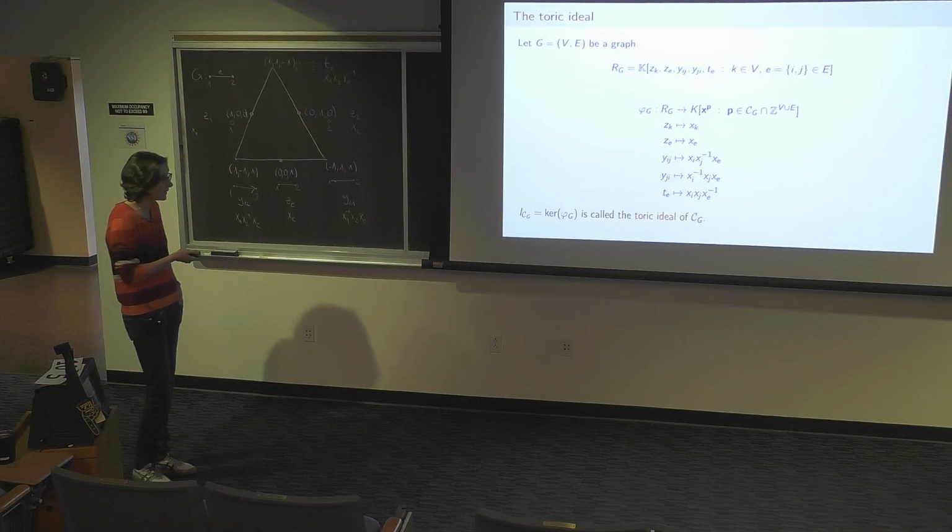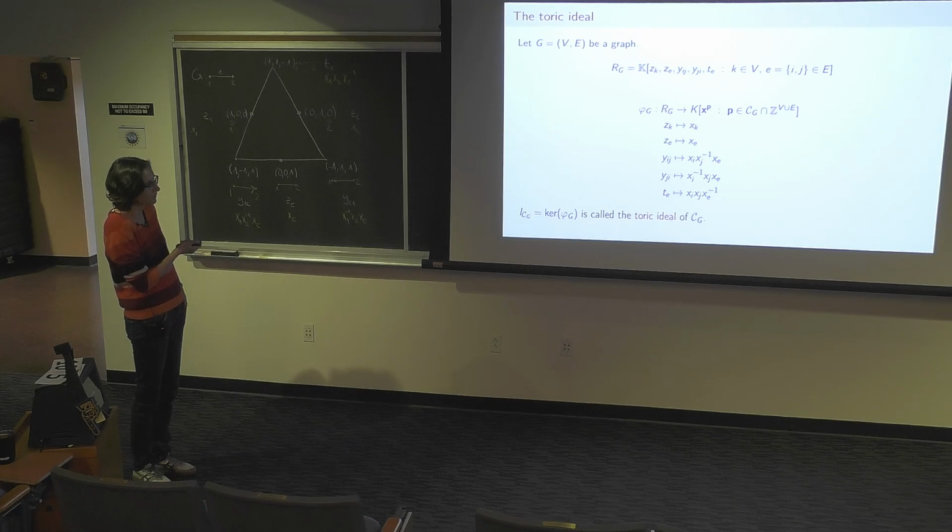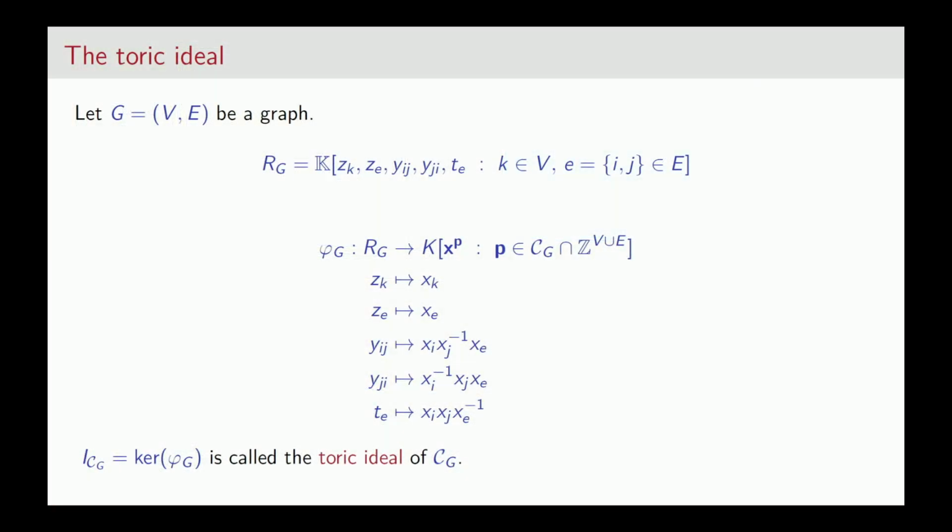So now we take this polynomial ring and we map the variables to the corresponding lattice points. Here I have a monoid algebra where the generators correspond to the lattice points in the polytope. What I'm doing is to say, okay, this vertex c_k, I map it to its unit vector.